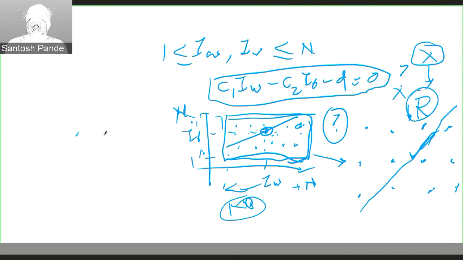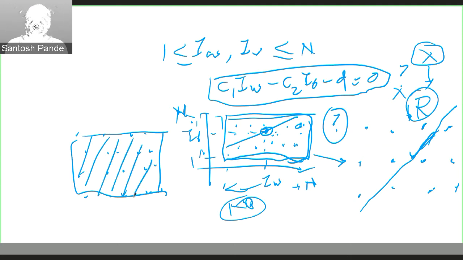That could be like this. Then this real space, I'm drawing it here. And this is my real space. Okay, and this shaded space is my real space. And this particular line, at least during this interval of these IW and IR, whatever these functions are, just does not intersect this space.